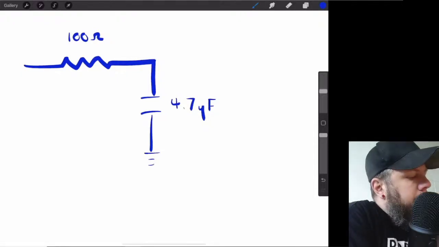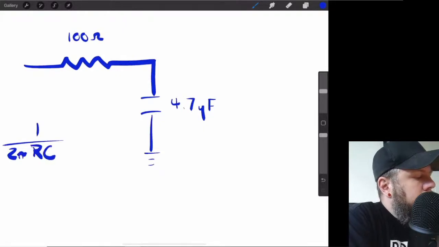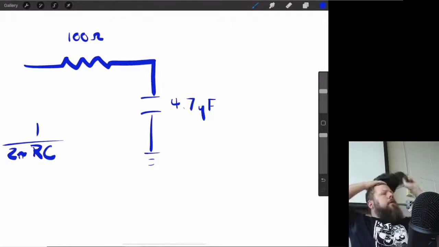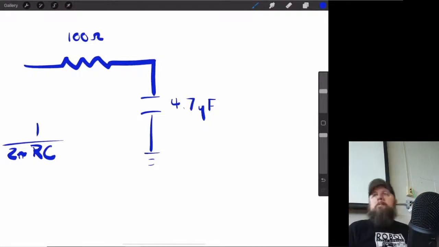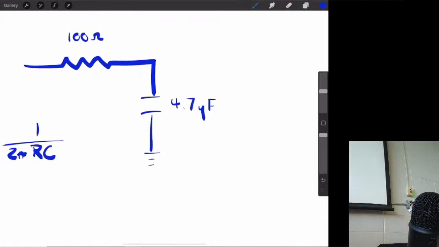Remember that cutoff frequency. I need to borrow some paper. You can, or I've got some paper too.